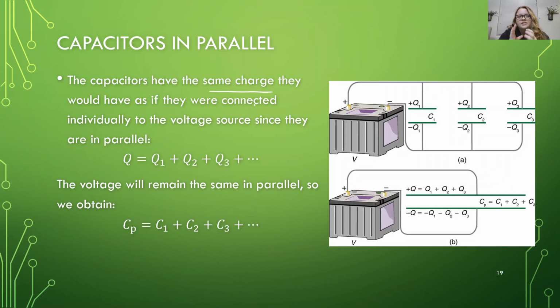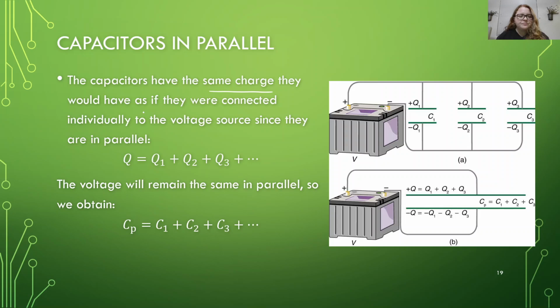Okay, so this is going to be similar to the resistors when we're looking at voltage in parallel. Yes, okay. And you can look at that as well in the other video or in the PowerPoint.